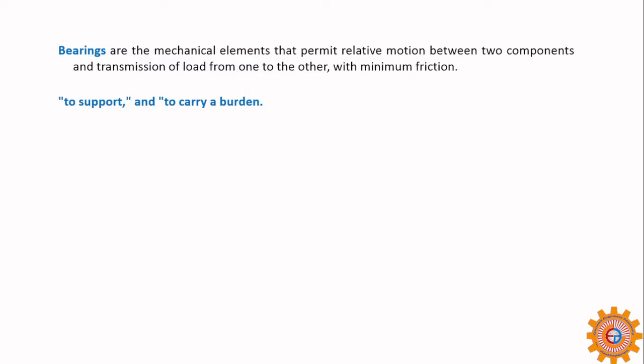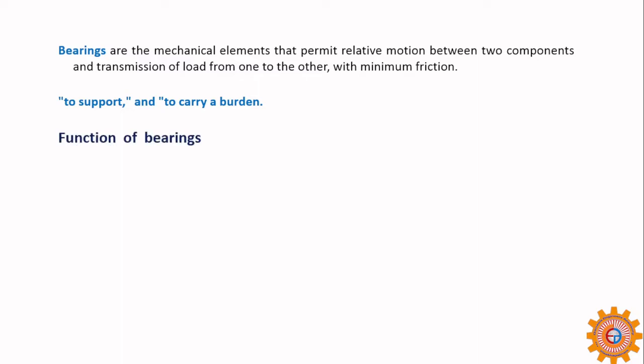Bear means to support and also to carry the weight, and also to transmit the load acted upon the shaft through bearings, which in turn transmits it to the frame in which this bearing is assembled.